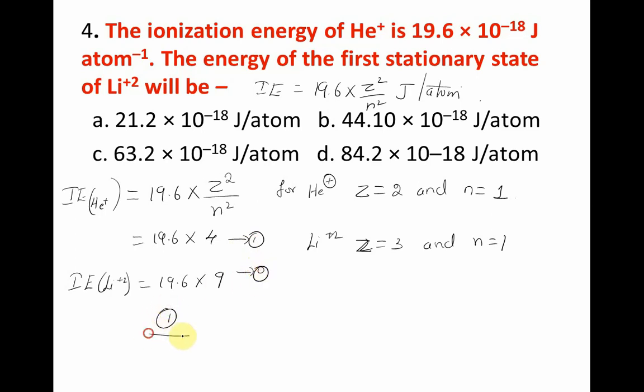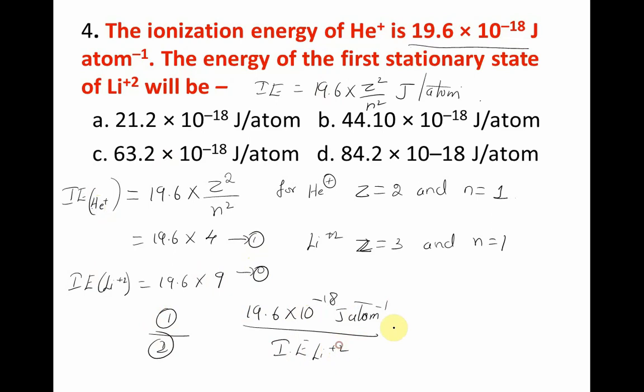So equation 1 divided by equation 2. They are given the ionization energy of helium as 19.6 into 10 to the power of minus 18 joules per atom, divided by the ionization energy of Li 2 plus is equal to 4 by 9. On solving this, you will get this value.